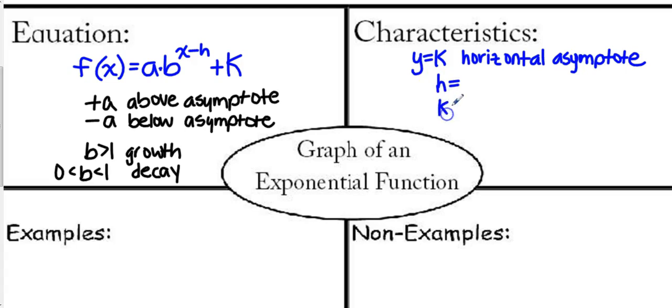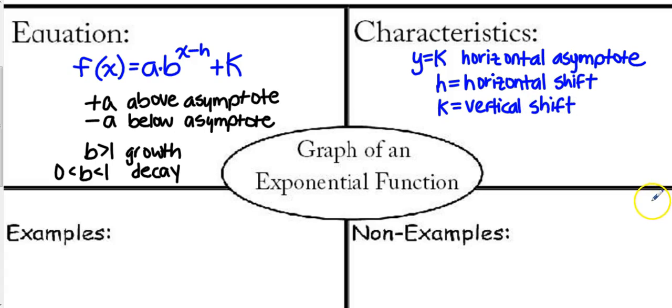So what does h tell me and what does k tell me? I'm hoping you recall that h deals with our horizontal shift and k deals with our vertical shift. I'm going to pause there on the Frayer model.